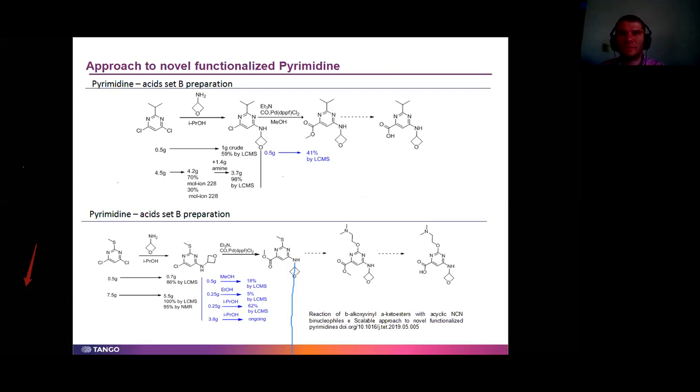In our studies, the reaction starts by nucleophilic substitution of chlorine from oxazole, and after that the acids are synthesized into these pyrimidines. These compounds have some antimicrobial activity.